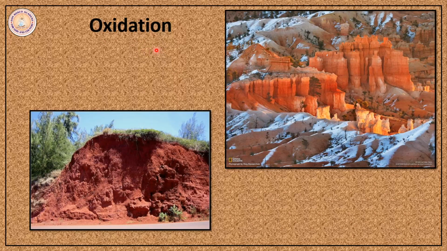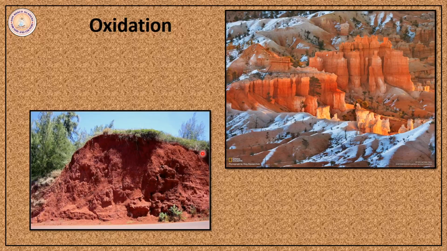It is absorbing oxygen and it is also having a lot of moisture. So new chemical compounds are formed which are eroded easily by the rocks, and the rocks become weak.